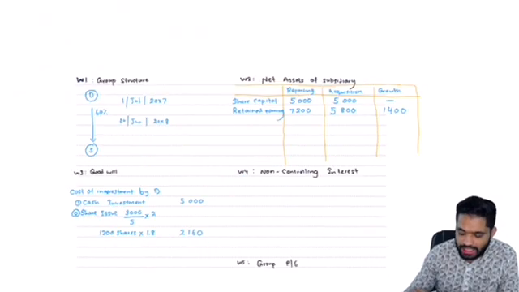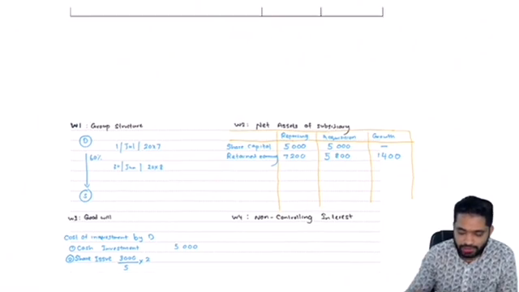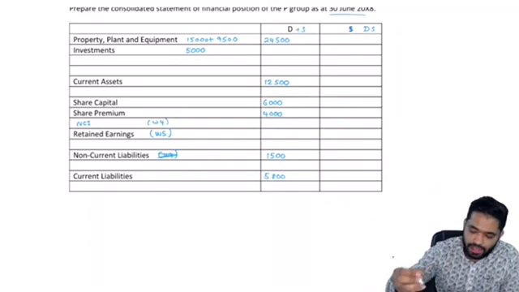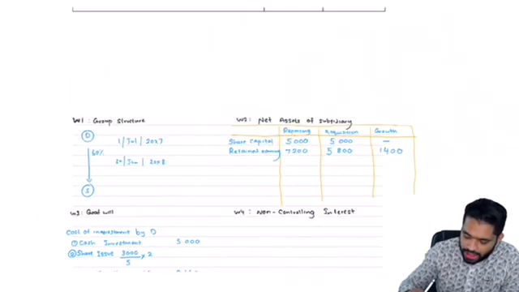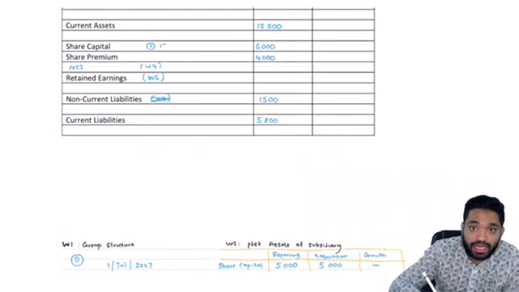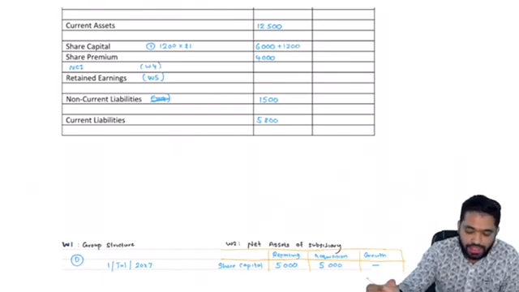This will be taken as a share issue by the parent because the parent has issued shares, so the share capital will increase. The parent had issued 1,200 shares. The share capital will increase by the nominal value, 1,200 into $1, so by 1,200.